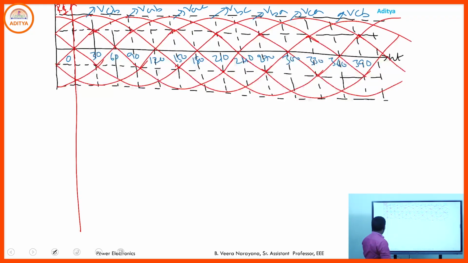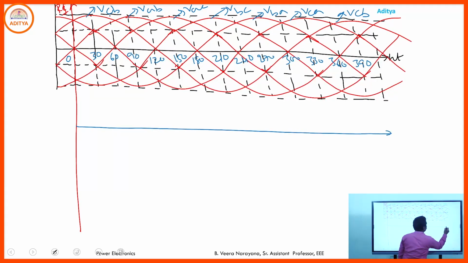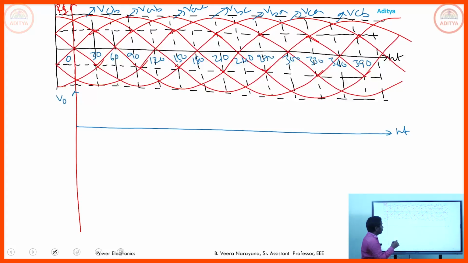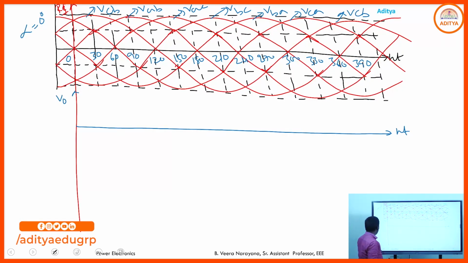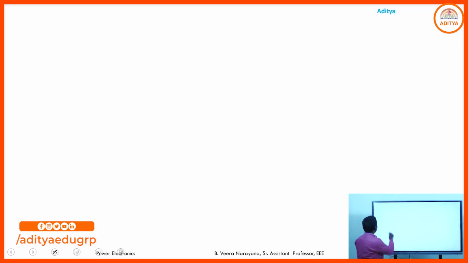Right. So here I just want to draw the output voltage waveform. If you choose alpha equal to 0 degrees, this is the output voltage waveform, no problem. First we draw the timing diagram for alpha equal to 0 degrees, then it is easy to understand.